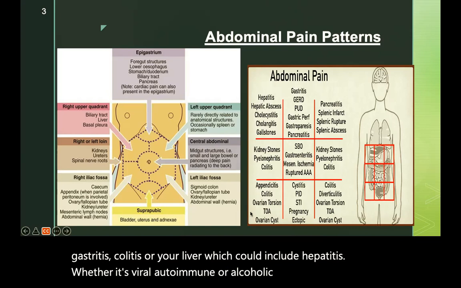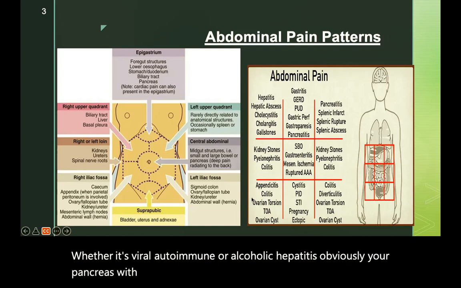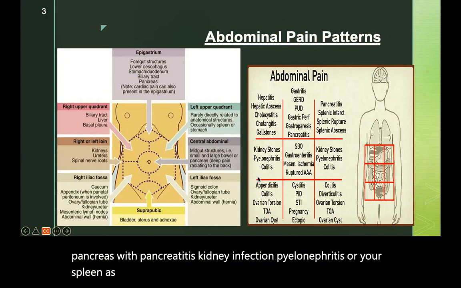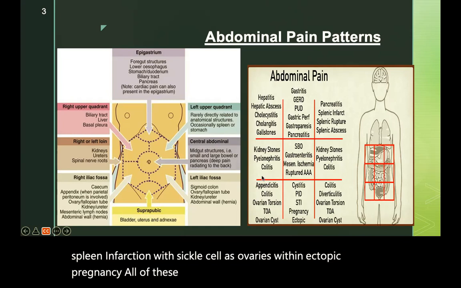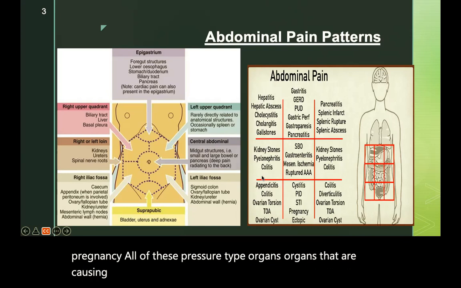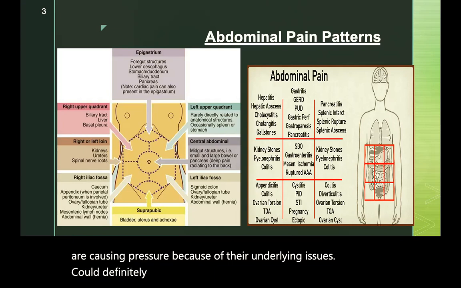Obviously, your pancreas with pancreatitis, kidney infection like pyelonephritis, or your spleen as an infarction with sickle cell, as well as ovaries like with an ectopic pregnancy. All of these organs that are causing pressure because of their underlying issues could definitely cause pain.